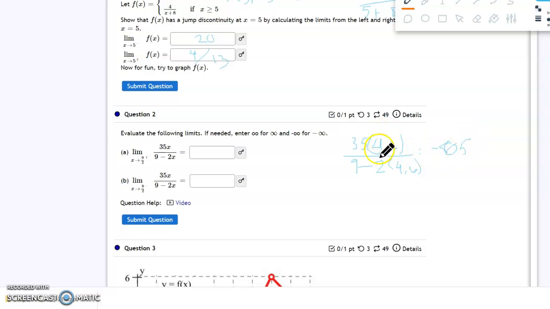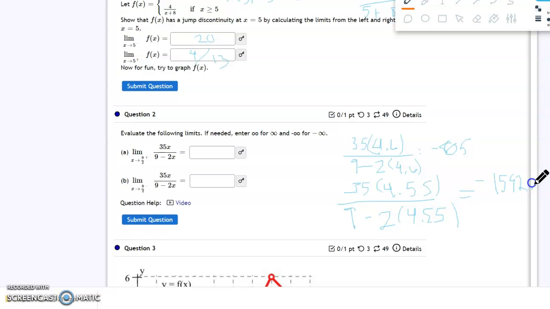So if I get closer than 4.6 to 4.5, let's say 4.55. So again, if I go 35 times 4.55 and let my calculator do this, this gives me negative 1592.5.